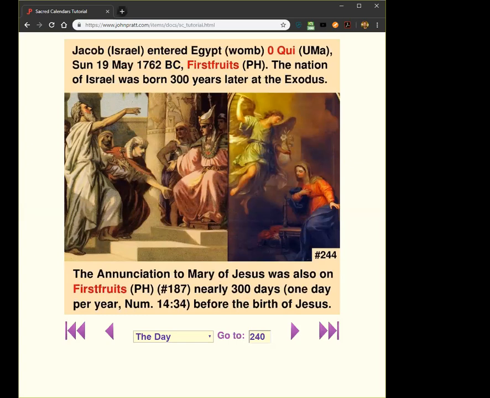For example, 40 years later, Jesus is born, and 40 days later, he goes to the temple. Israel is born at the Exodus, and it takes 40 years for them to enter the promised land. So there's not only 300 years, there's 40 years that follow. I've tried to extend that more, and I've not been very successful, but I believe it's not just a coincidence. When there's 2 or 3 witnesses, it makes it look planned to me. Okay, let's go to slide 245.